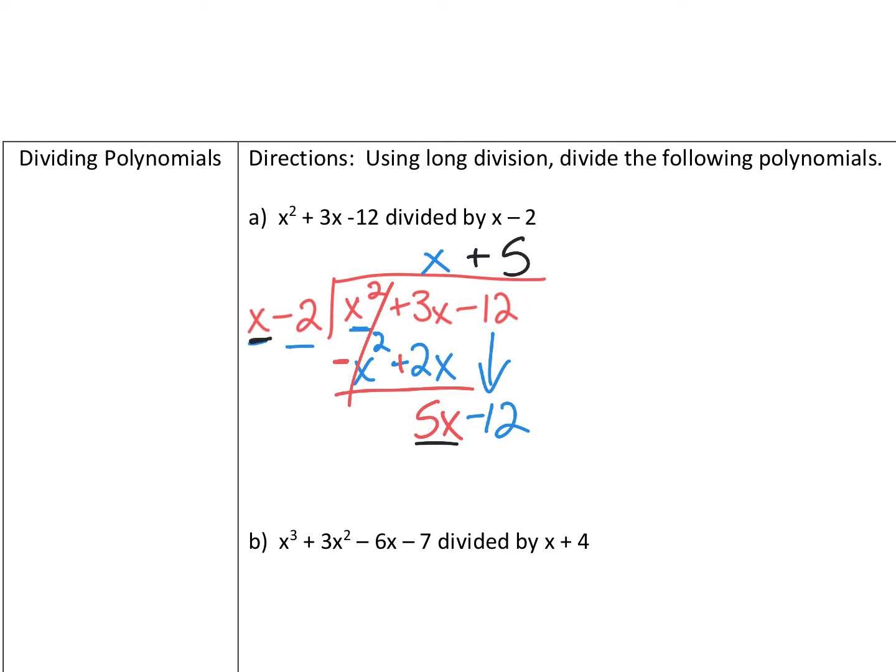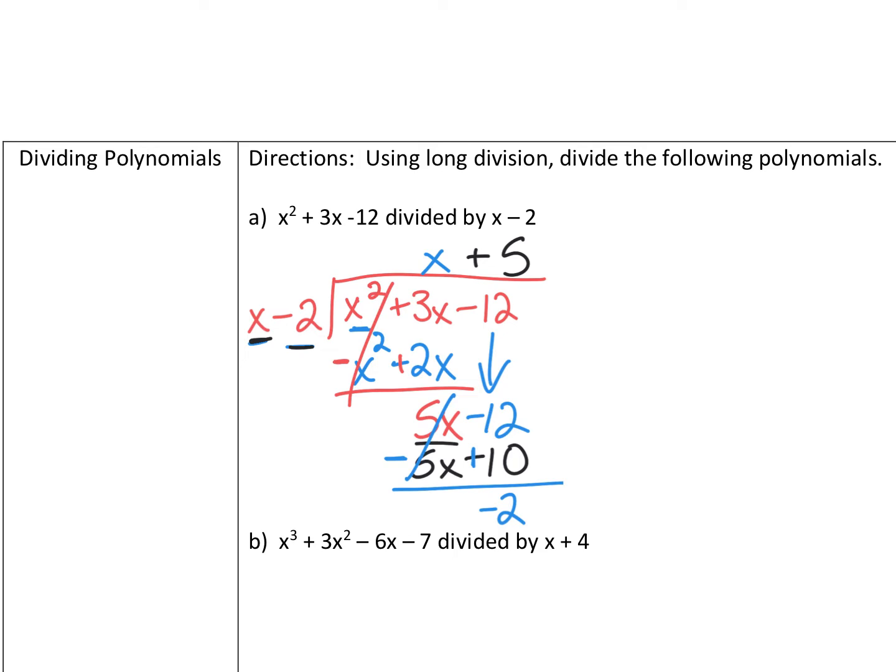So we do 5 times x, which is 5x. 5 times negative 2, negative 10. We've got to flip those signs. The 5x's are going to cancel. Thank goodness. That's what I wanted. And then we've got negative 12 plus 10. Negative 2. Okay.